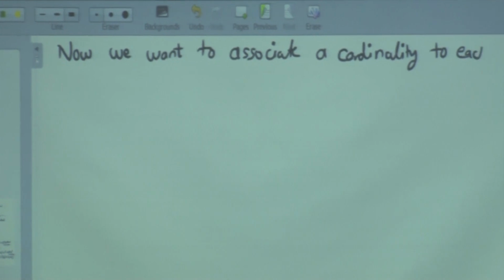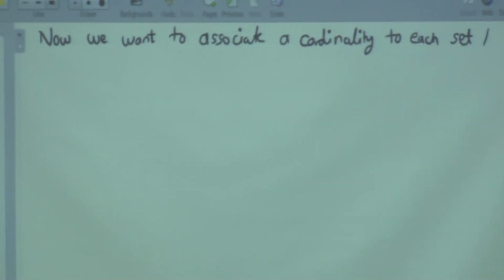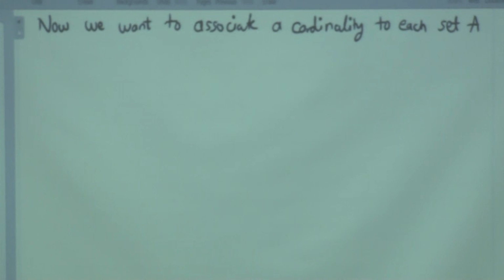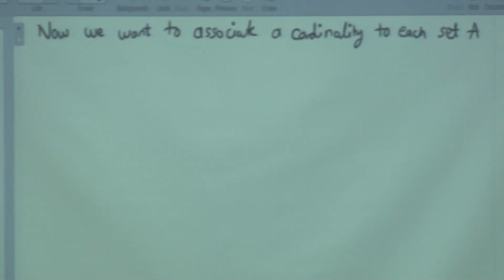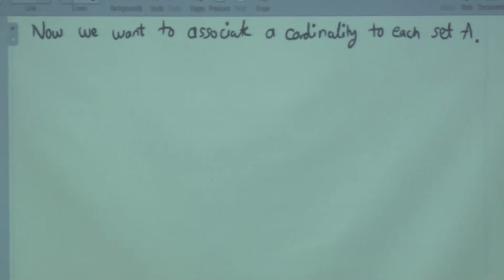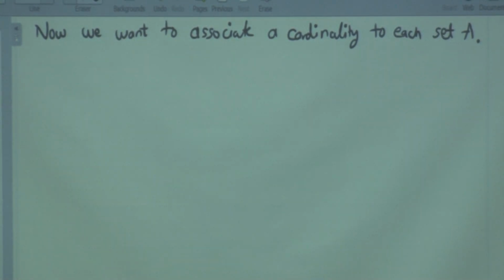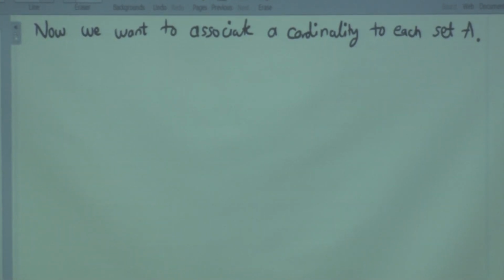Okay, so now we want to associate a cardinality to each set A. What will be the cardinality? It will be a cardinal number. But before we do this properly, we will need to assume one more statement.